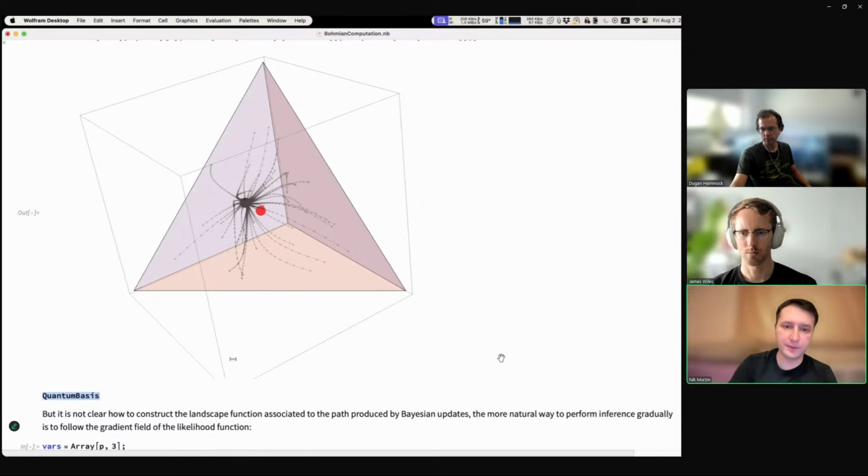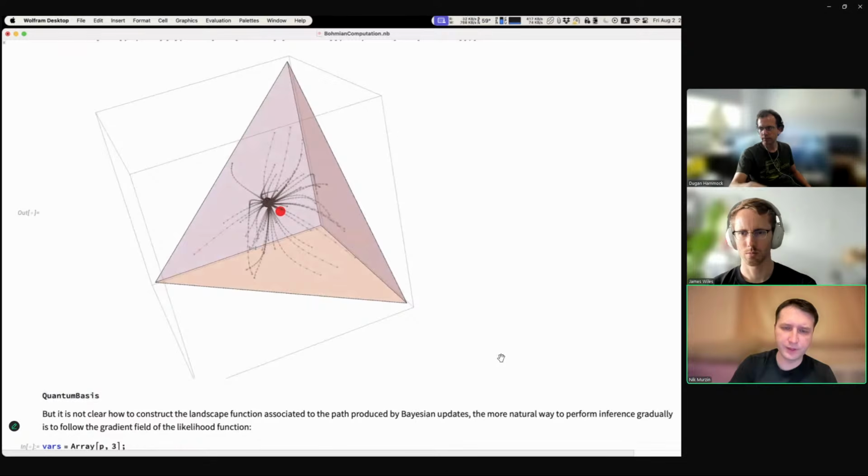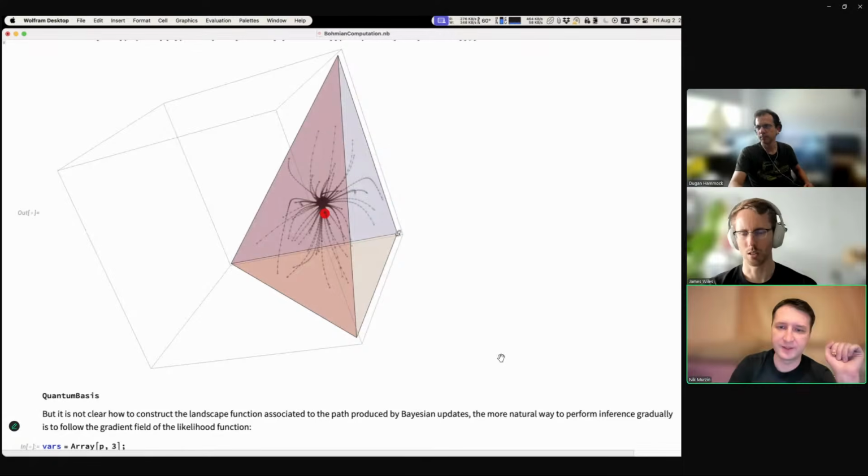Well, there's some center. It depends how you project it. But there's some point in here that corresponds to the center of the Bloch sphere, right? I think it's like here, right? Isn't it the red? Oh no, the red one is different.